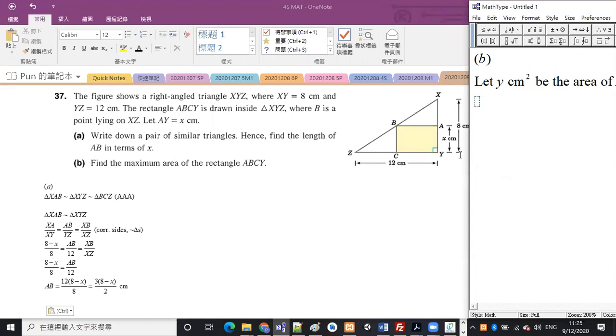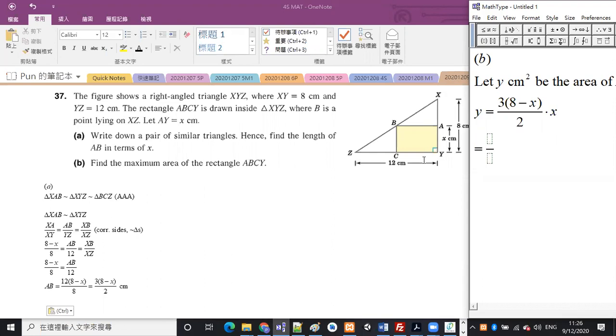But this is very simple because y is the area of a rectangle. It is just multiplying the length by the width. So that is AB times AY. But we have already found that AB is 3 times (8 minus x) divided by 2. And then times AY is just x, right? Okay? And then just simplify this.